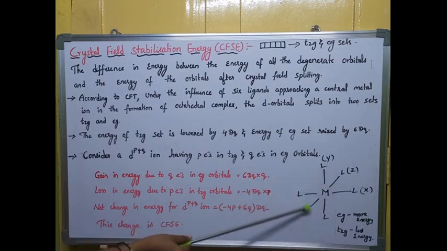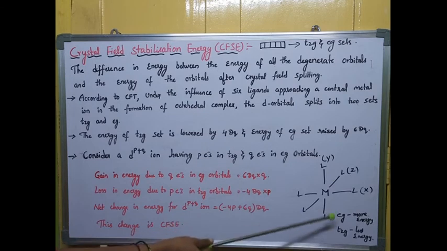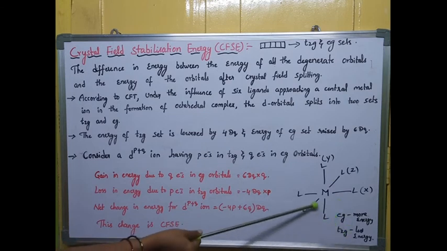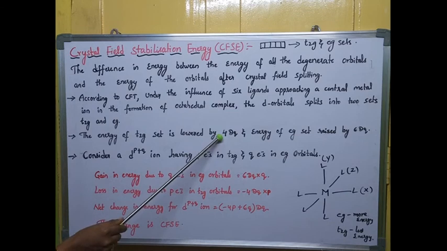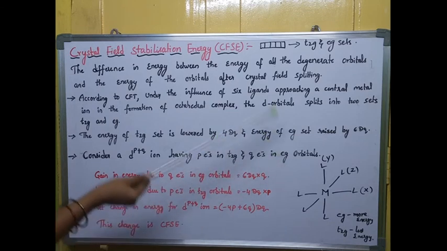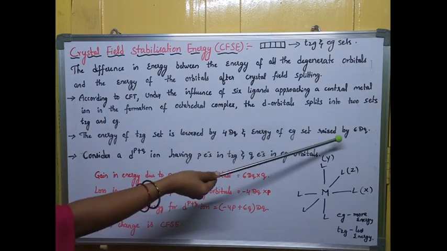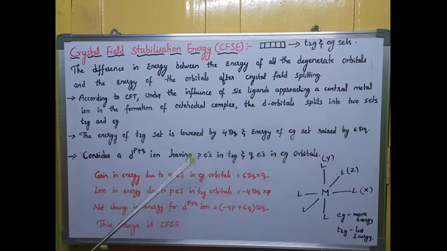Orbitals present along the axis will get more repulsions and more energy. Orbitals between the axis will get less repulsions and less energy. So the t2g set is lowered in energy by 4 Dq. That's why we indicate with the minus 4. The eg set will rise in energy by 6 Dq, so we write plus 6 Dq.